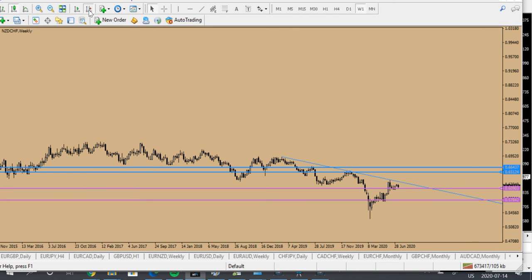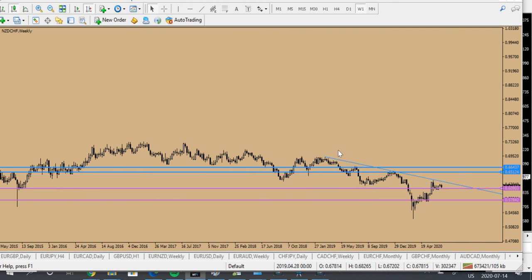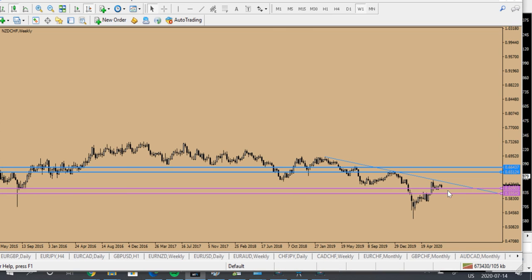So this would be kind of big, so to consider a sell, a buy, sorry, I would consider that support level. Well, that's all, folks. This is my analysis for the swing position trading in the market.